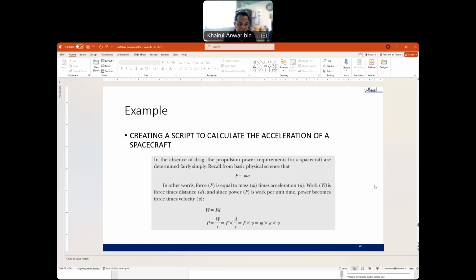Writing a script to calculate the acceleration of a spacecraft with a propulsion power system. Determine it based on this equation: F equals ma.